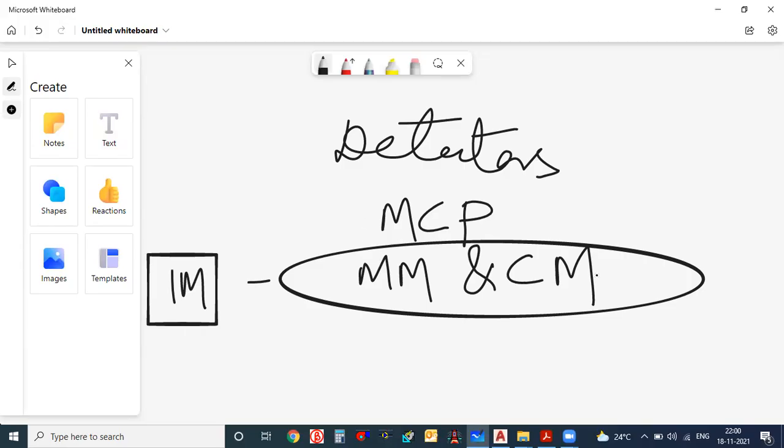Like that, this monitor module and control module are monitoring for control panels. Okay, so this monitor module and control module are actually sending the signal or information to control panel. Okay, so I think for every detectors, like for some 50 detectors, monitor module will be connected.